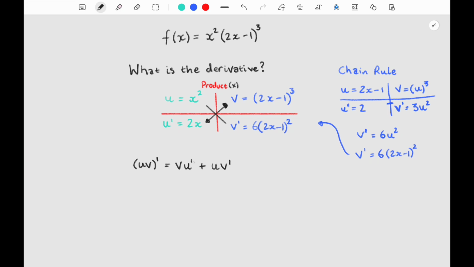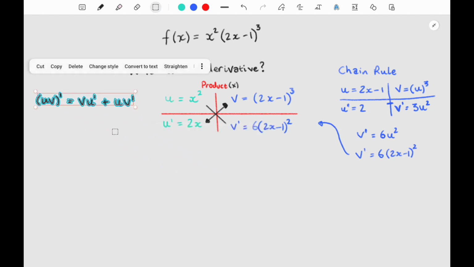And what you see here with these two terms is that they both have v and u, but in one they'll have a u dashed with a v, and in the other one they're going to have a u with a v dashed, so it just sort of switches. Let's put this over here because we're not going to use the formula. My visual method here doesn't really need it. As long as we remember that product means multiply, we've got that x in the middle, that's the order we're going to do it.